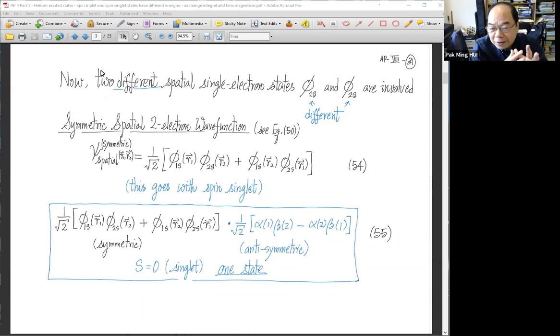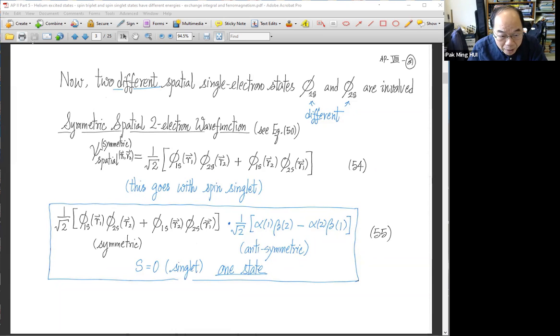And last time we introduced an important principle, namely many electron wave functions must be antisymmetric with respect to interchanging two particles. And with 1s and 2s, they are different spatial atomic orbitals. Therefore, we have two possibilities.